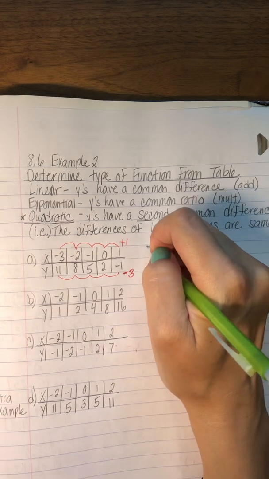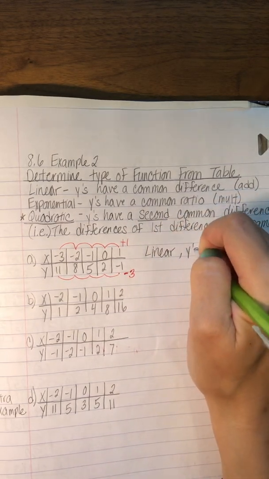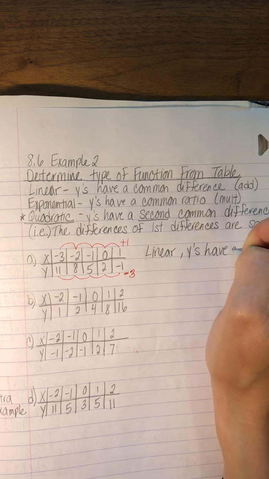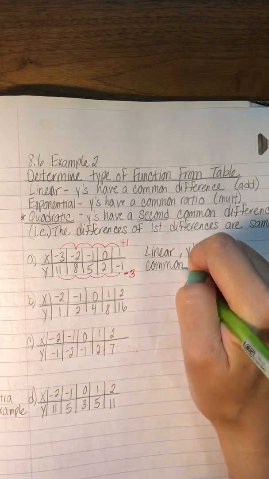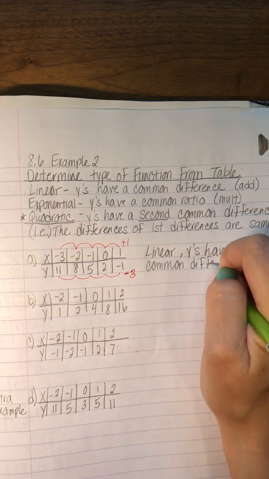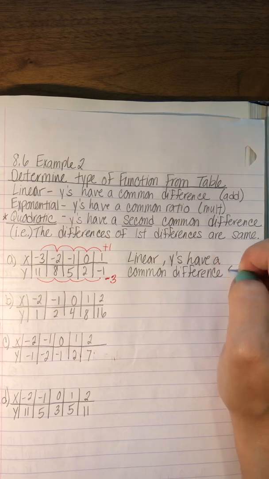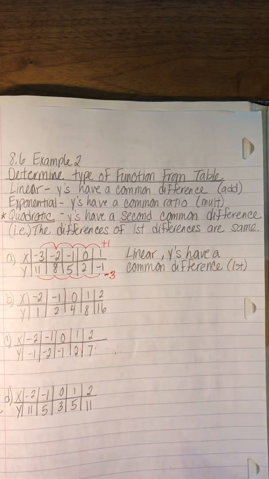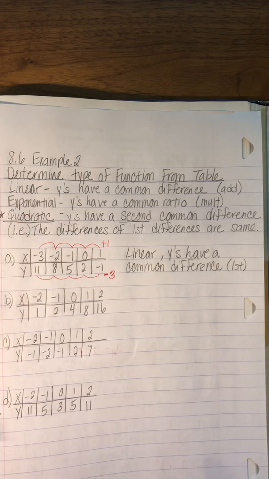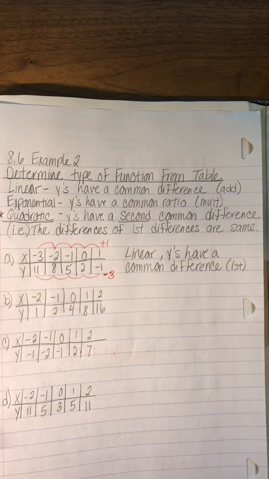So this is linear because the y's have a common difference. And just to differentiate here, it's a first common difference versus when we see quadratic, it's called a second common difference. So this is a first common difference. So you can just say common difference.